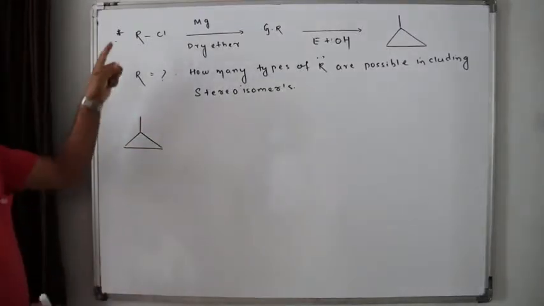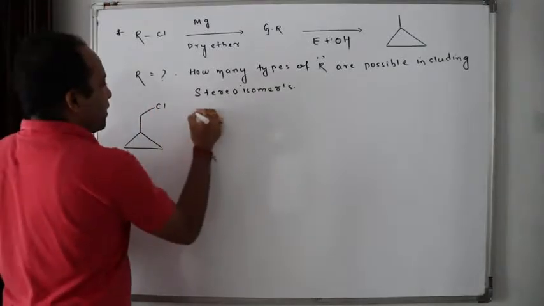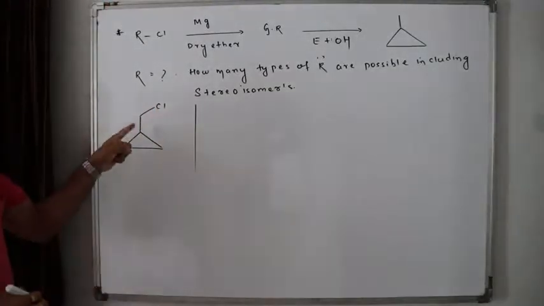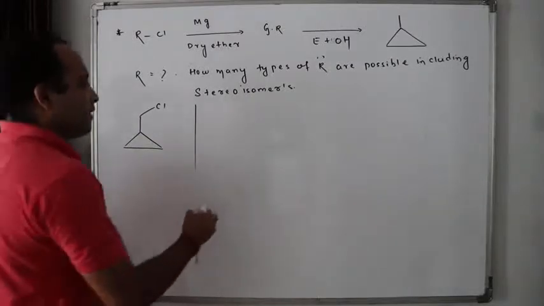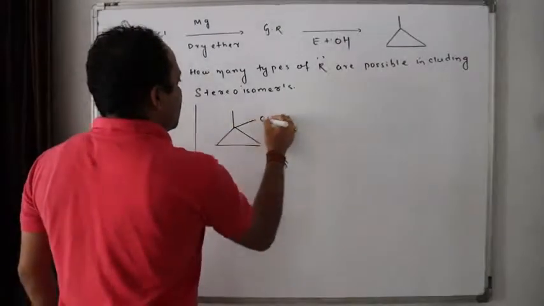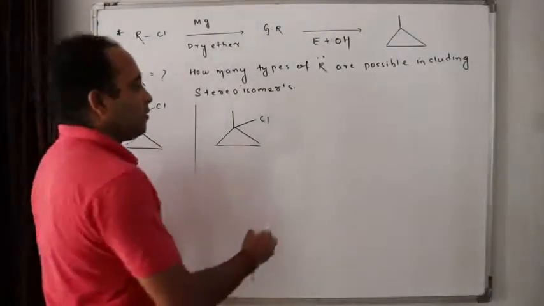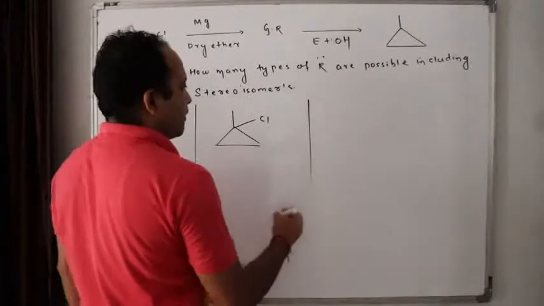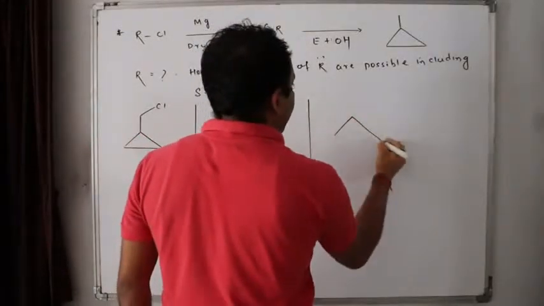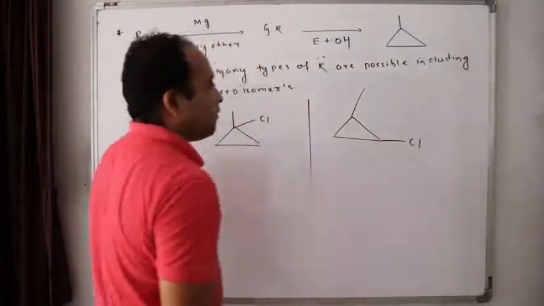Yes. Alkyl halide, right? That means I can have a Cl here. Can this have a stereoisomer? No, it's not possible. Second variety, this Cl with this Cl is also possible. Yes or no? Now, third variety, with this Cl.